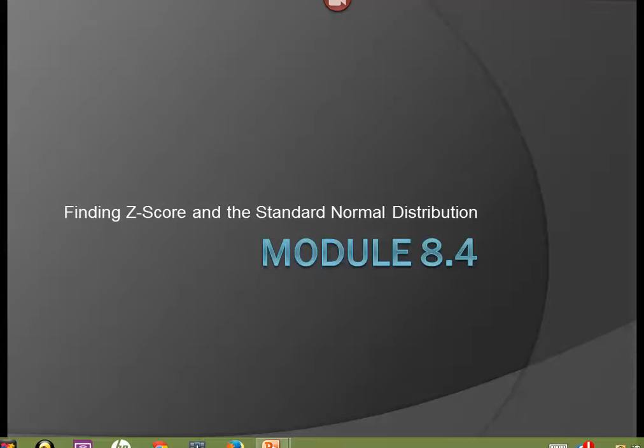In other words, we need to know the shape of the curve of the distribution. We're going to look a little more closely, going back to the normal curve, and how we can find areas under that curve, which coincide with the probability.